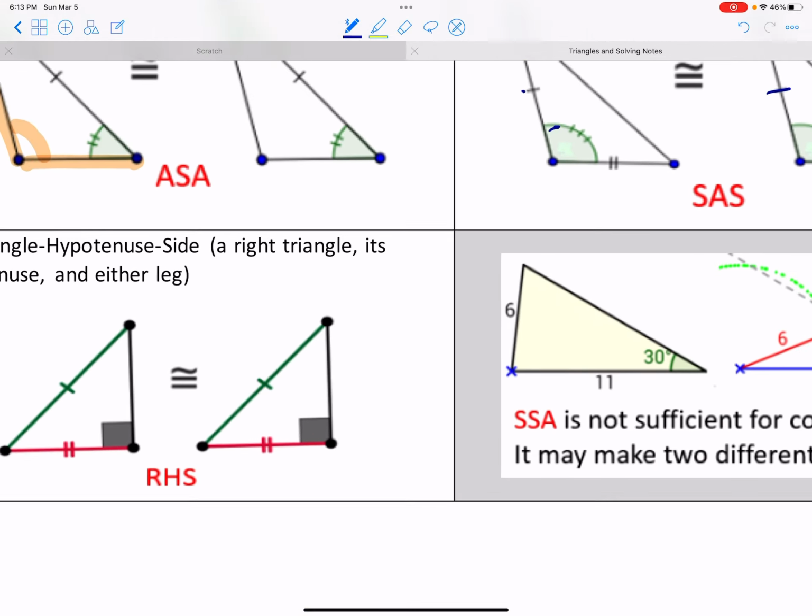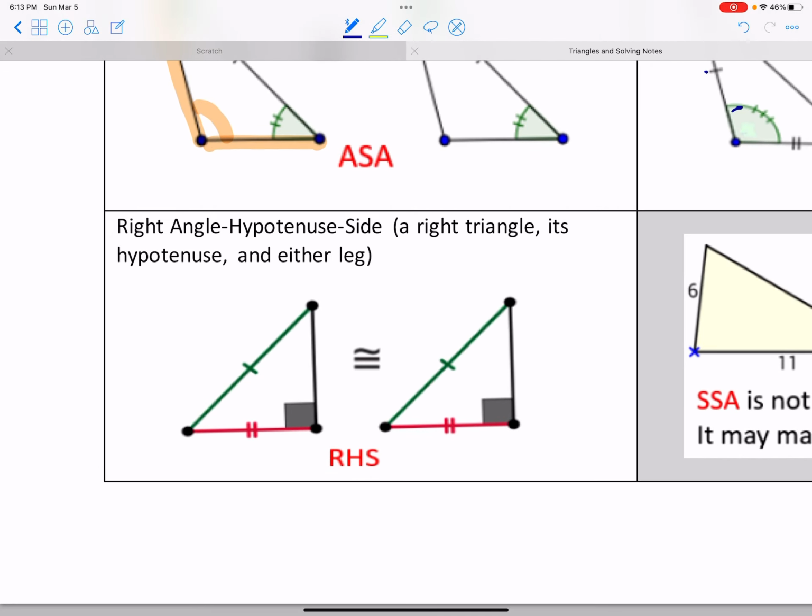And the final one is the right angle hypotenuse side theorem. Sometimes this is called RHS for right angle hypotenuse and then a side length or a leg. Sometimes it's also called HL, so hypotenuse leg, and a hypotenuse only applies in a right triangle, so it's sort of implying that there's a 90 degree angle in there.